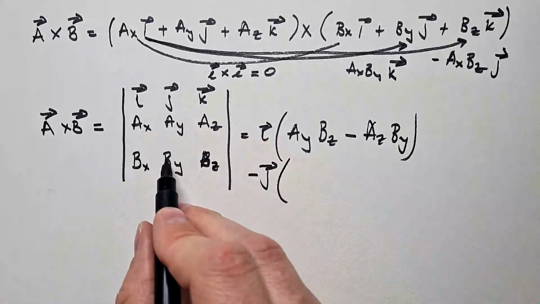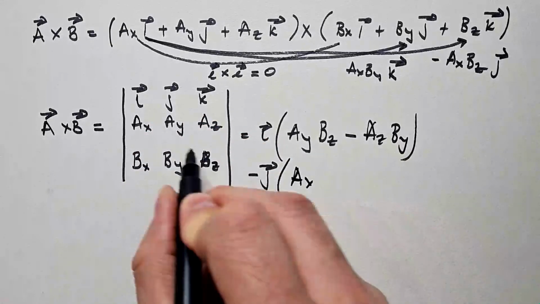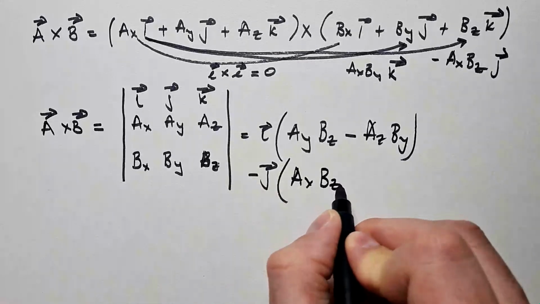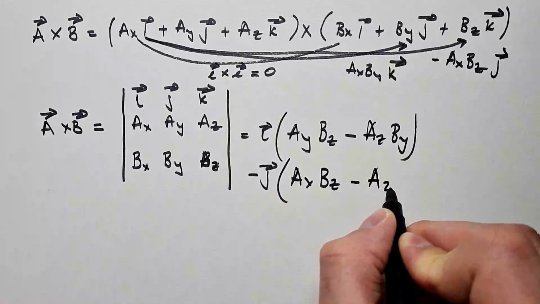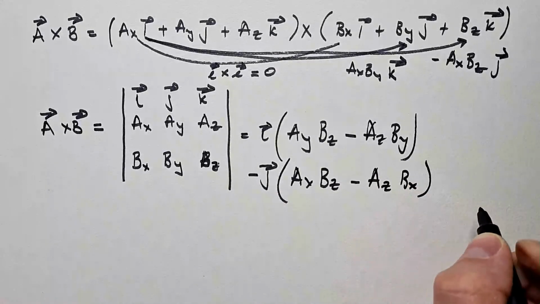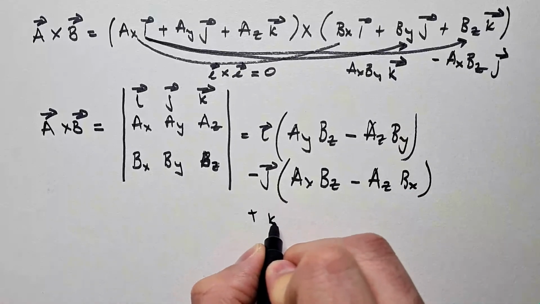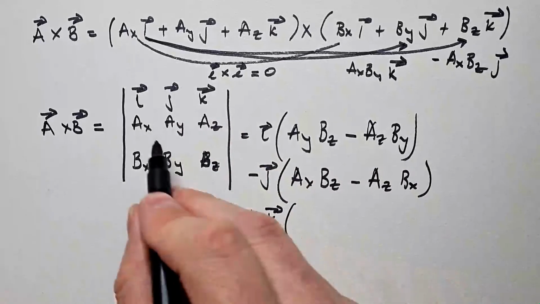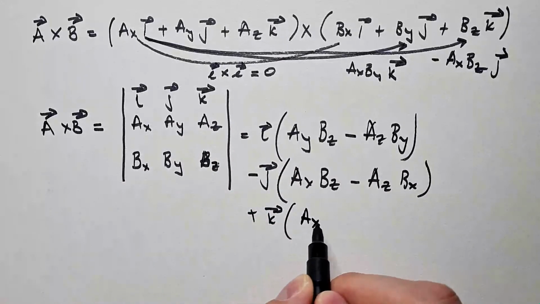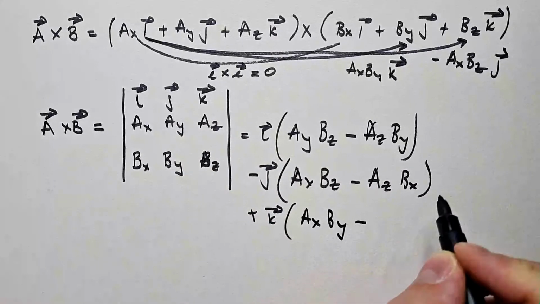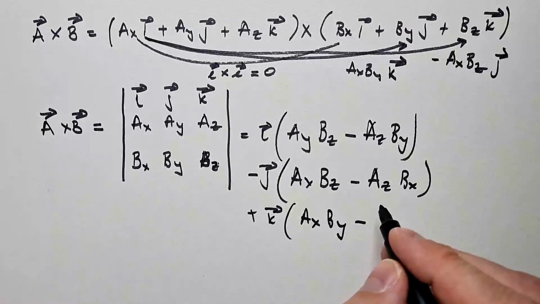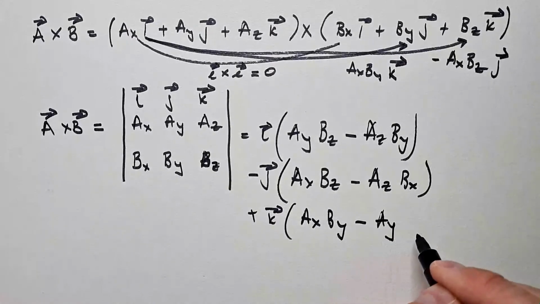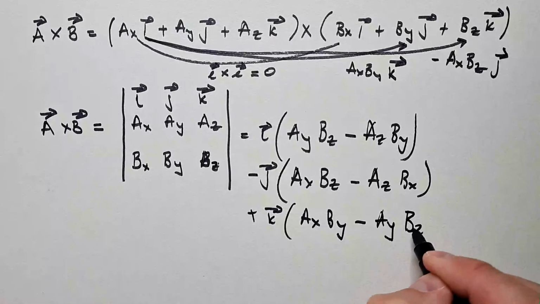I cross this row and this column, and I get AX BZ minus AZ BX, and plus k component, cross row, cross column, AX BY minus AY BZ.